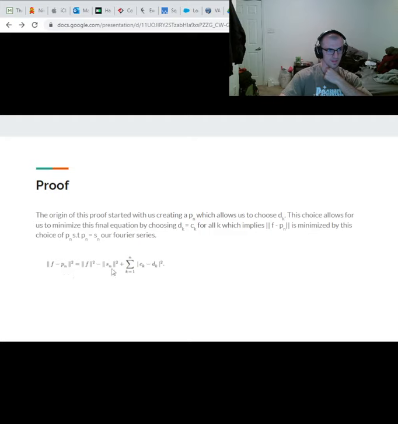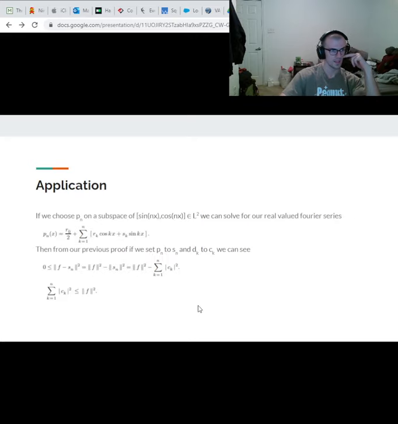This is that S sub n is equivalent to P sub n. And if you remember, we said that this is always less than or equal to this, such that they are equal. So this is the best approximation.